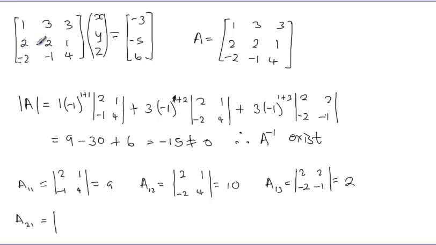If this second row is not there and the first column is not there, what are we left with? 3, 3, 1, 4. That is what I'm saying. You must see how I get that. And then you must know how to calculate the determinant of 2 by 2. So that is 12 plus 3, which gives us what? 15.